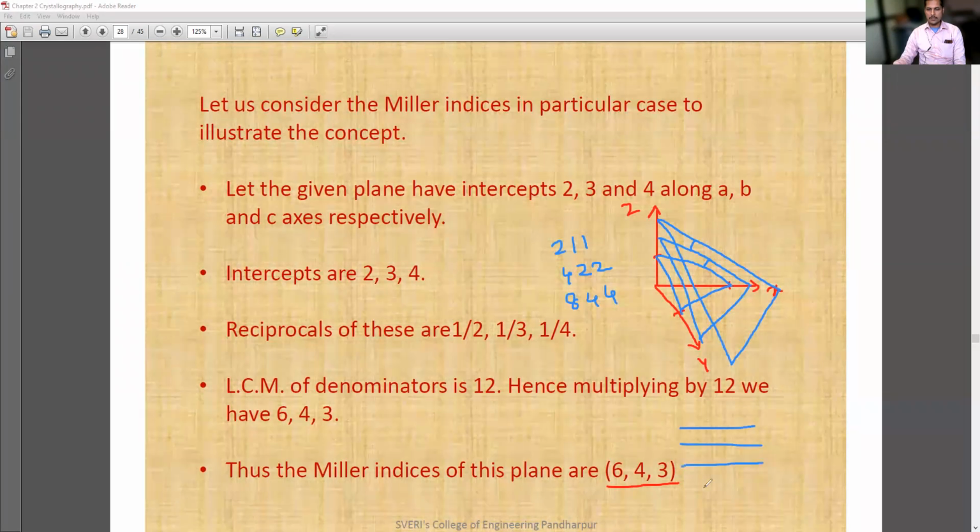Planes आपण consider केले. So they are equidistant parallel planes, looking like this one. Okay, so what is meant by Miller indices? Miller indices is simply defining the atomic arrangement of a crystalline material in terms of planes, so that we can define the interplanar distance.